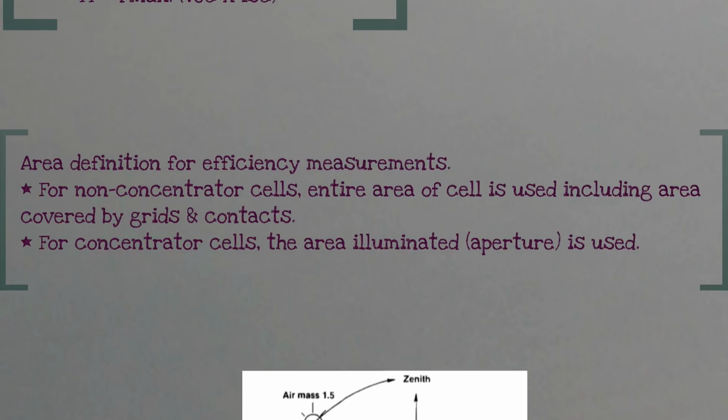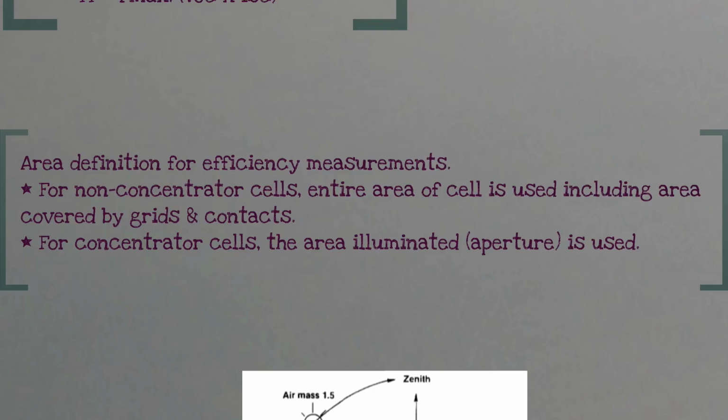Okay, so for measurement of efficiency, we have to be careful how we define the input power and output power, particularly for concentrator systems. And of course, the definition is common sense, but sometimes it's difficult to ascertain the aperture size. For a non-concentrator cell, this is relatively simple.